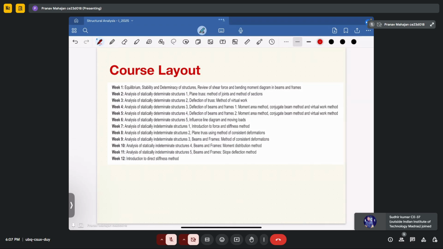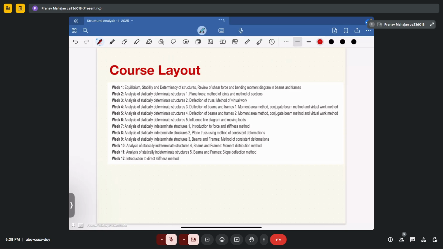So what does the principle of virtual work tell you? It tells you the total work done by a system is equal to 0 when no external force is applied over it. This is what we have covered till the previous week.